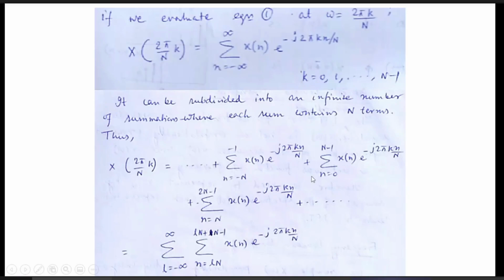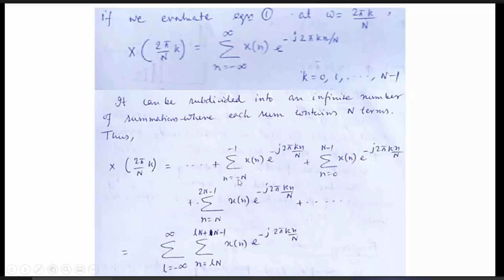Let us say the central division takes the points from 0 to N minus 1.